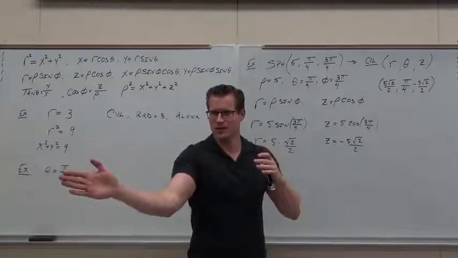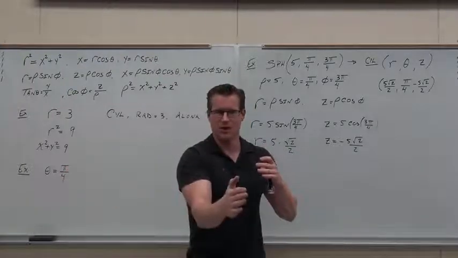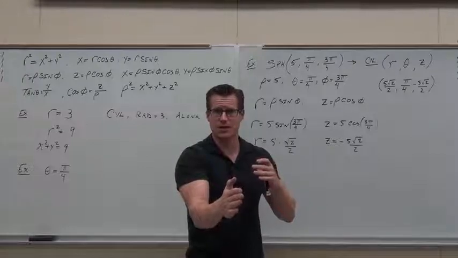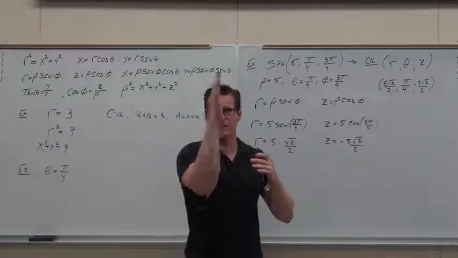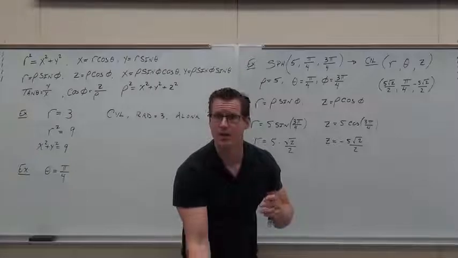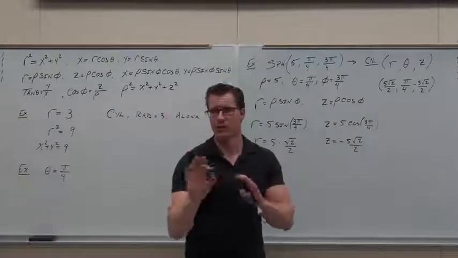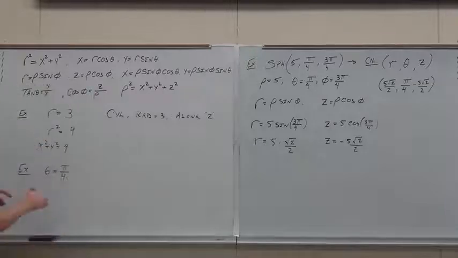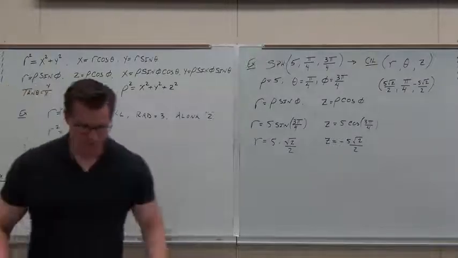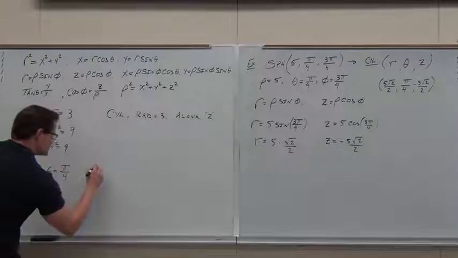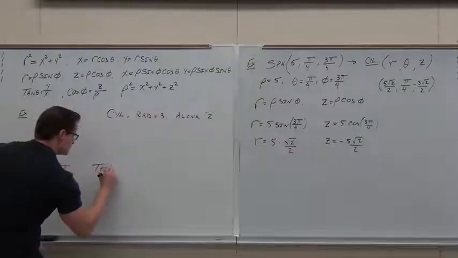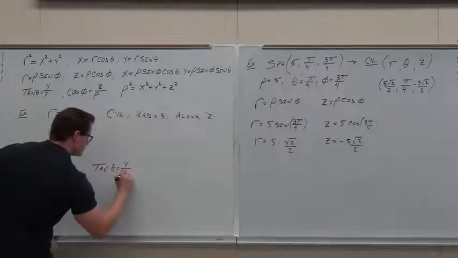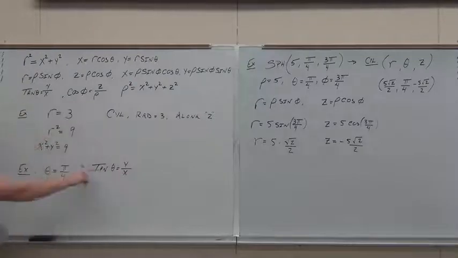So the theta comes out from the positive x-axis, pi over 4, and then it's fixed. What's that do? If you have a fixed angle and any points along that, that's going to be a plane. A plane at the angle of pi over 4. I guarantee it's a plane. How can you prove it? Well, I know that tangent theta equals y over x.